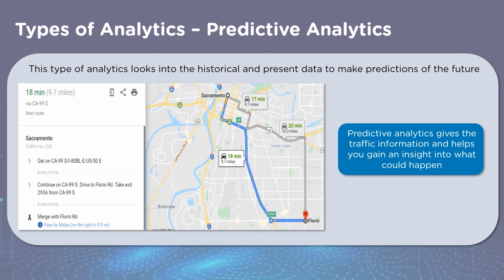Let's assume that Google Maps has already collected historical data of this particular route, and based on the available data, their model has predicted the best route and also the duration that will be taken to travel from Sacramento to Florin.